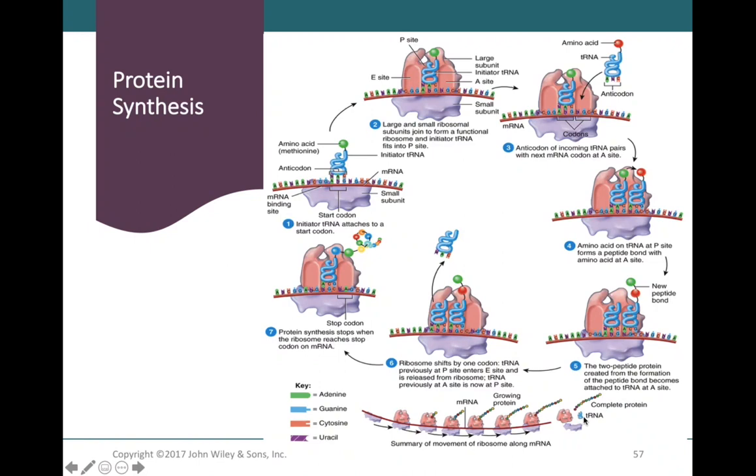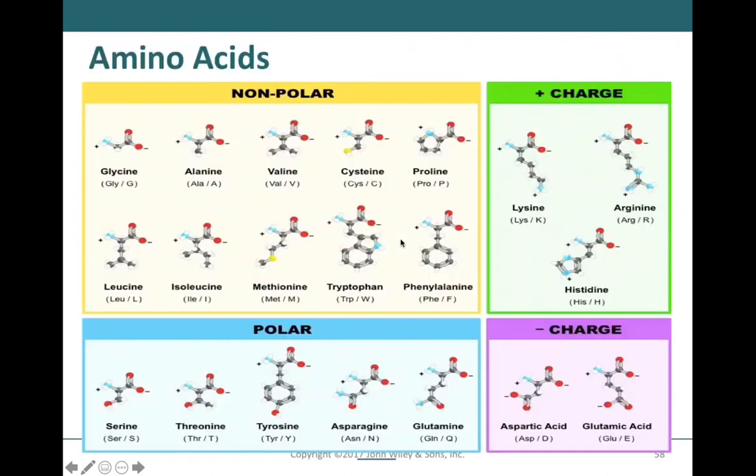So this is going to function as an assembly line, and once this first transfer RNA molecule has given away its amino acid, it's going to expel itself from the ribosome, but eventually you can see that we're going to get this nice long chain of amino acids. And so this is the overall process of translation. We're taking RNA and translating the information in the messenger RNA into some type of protein.